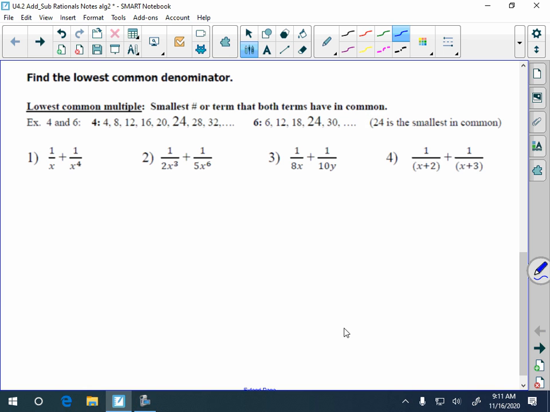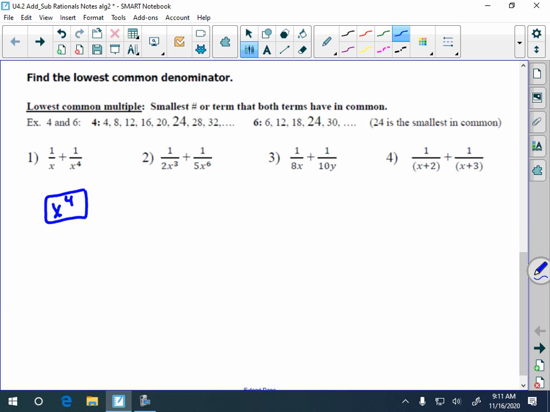So on number 1, we have an x to the first and an x to the fourth. X to the fourth is bigger than x to the first, so you take x to the fourth as the lowest common denominator, or lowest common multiple. So x to the fourth would be our common denominator that we change both of them to, to get them to be the same.